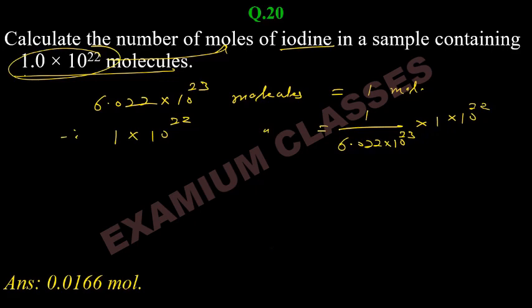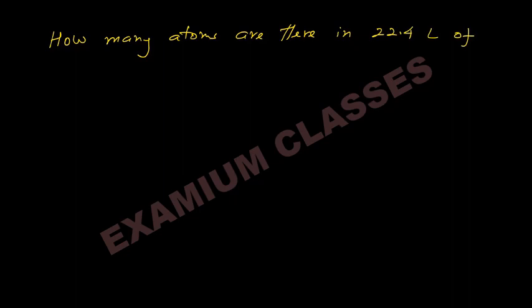Now the question I asked you in the previous class, and that is slightly tricky, so be attentive. The question was, how many atoms are there in 22.4 liters of H2O at STP?